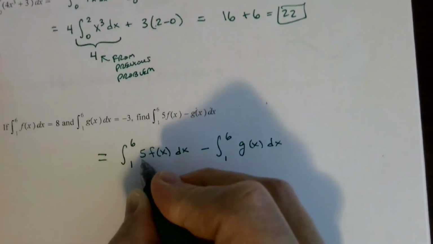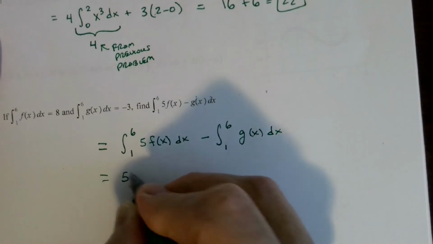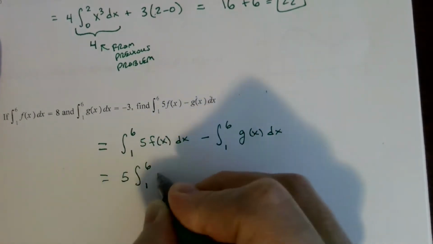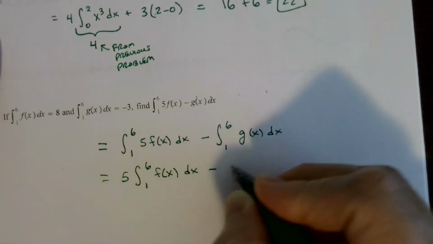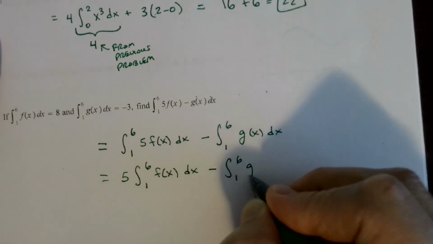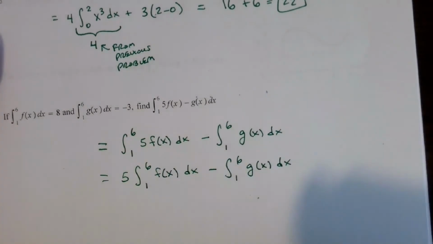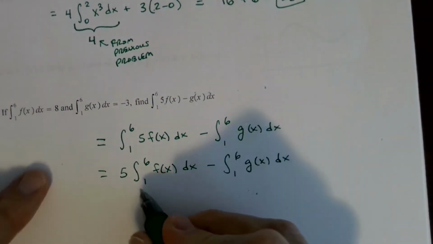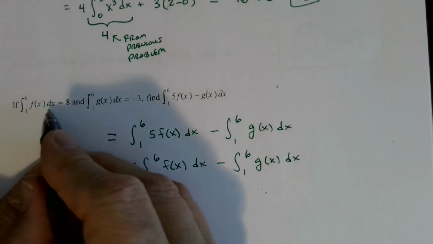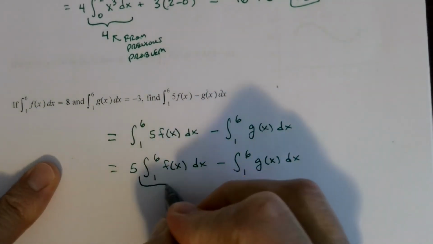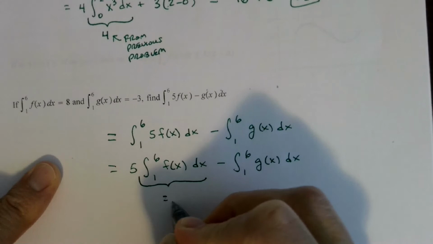And then this 5 is a constant multiple here. I can pull that 5 out. Notice it only comes out of here, not over here, from the second integral. And now I can just replace the integral from 1 to 6 of f(x) dx. What is that equal to? It is equal to 8.